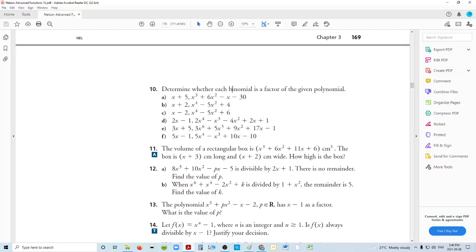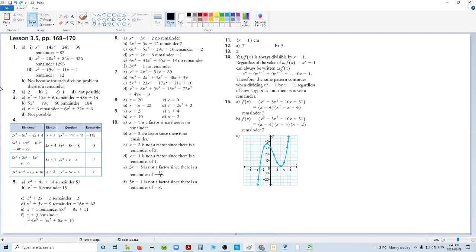Let's just make sure I have the answers here. And it says yes. Oh, I guess I did the division wrong here, so I have to go back. But this one says no. This one says no. And, oh, how come it's 3x plus 5? Did I get something wrong?